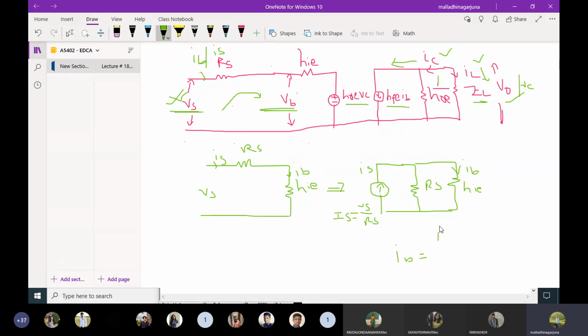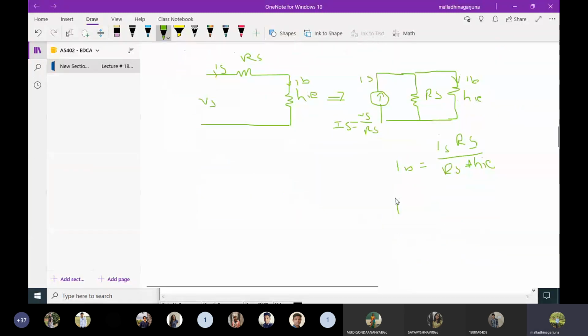Ib equal to the opposite supply Is into Rs by Rs plus Hi. Therefore, Ib divided by Is is equal to Rs divided by Rs plus Hi.